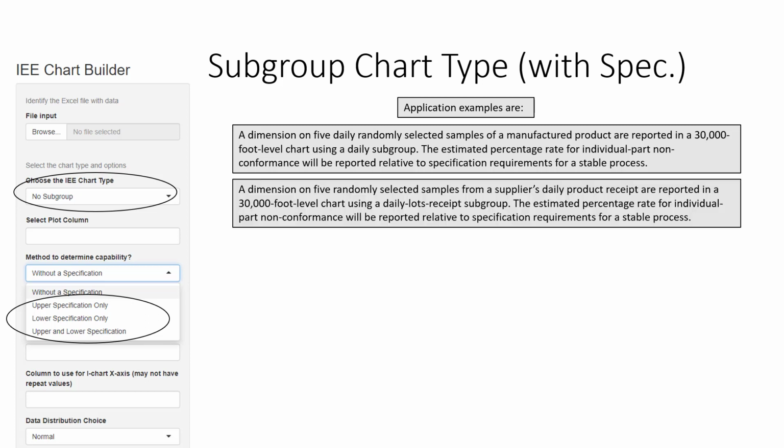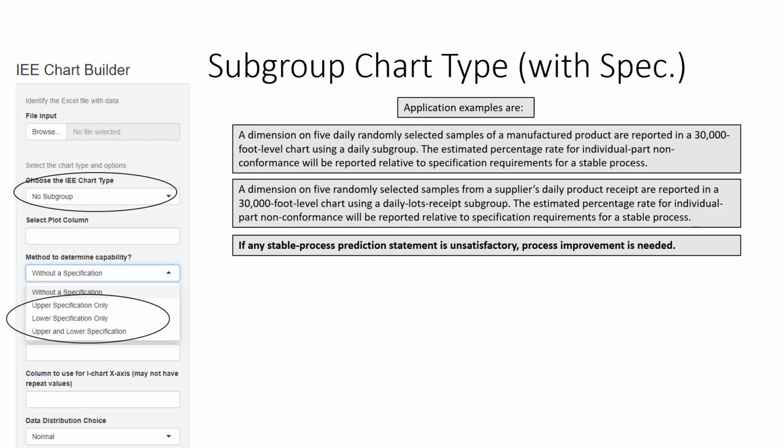A dimension on 5 randomly selected samples from a supplier's daily product receipt are reported in a 30,000 foot level chart using a daily lots received subgroup. The estimated percentage rate for individual nonconformance will be reported relative to specification requirements for a stable process. If any stable process prediction statement is unsatisfactory, process improvement is needed.